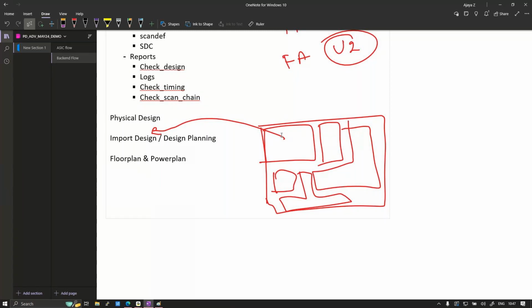In the floor plan stage, bigger blocks, that is your macros and IPs, are placed first. After that, I do the power plan.